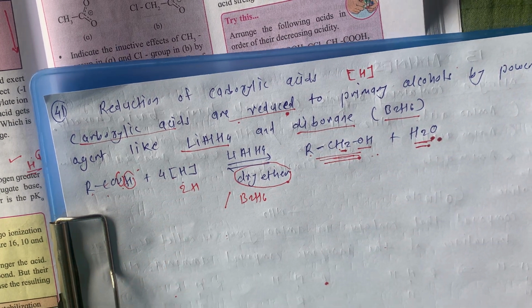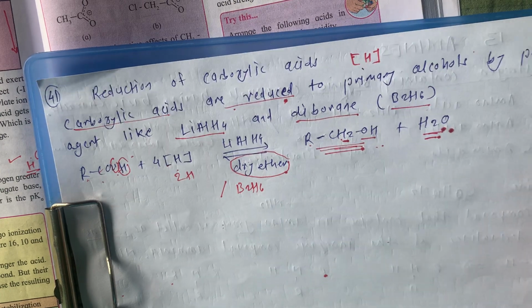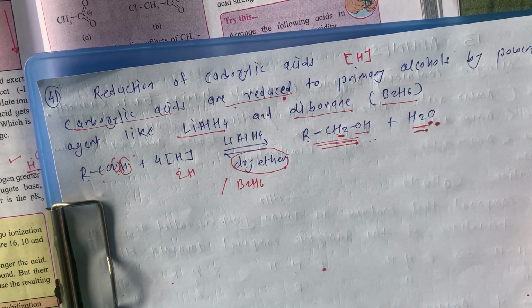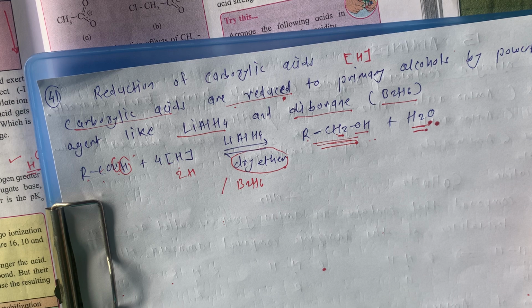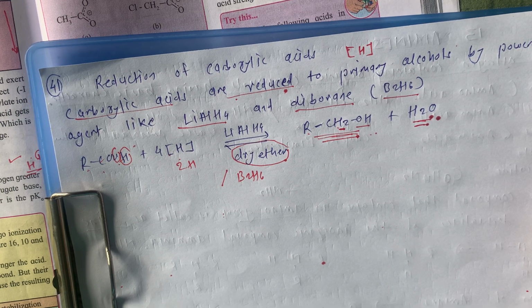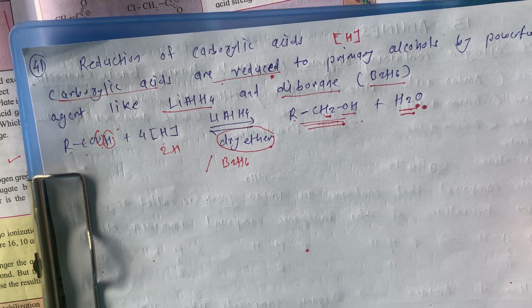And this is the end of our aldehydes, ketones and carboxylic acids chapter. This is quite a big chapter and we studied it thoroughly, each and every reaction and each and every concept of this chapter. This is a very important chapter for the 12th standard.